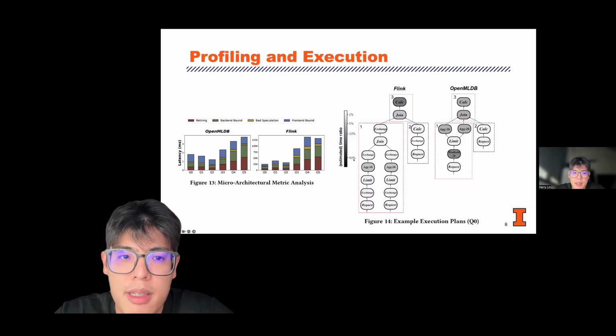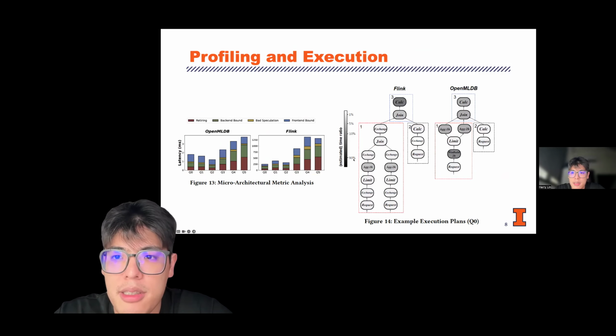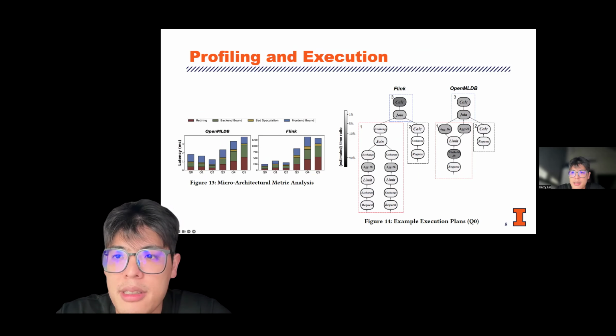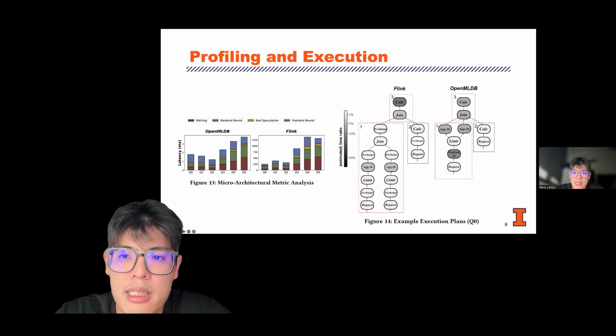We can look at the hardware symptoms in figure 13. The authors used a technique called TMAM, top-down micro-architecture metric analysis, to see where the CPU is struggling.